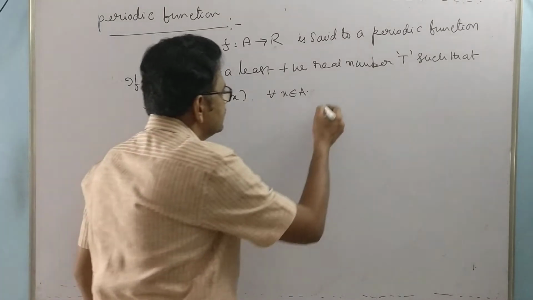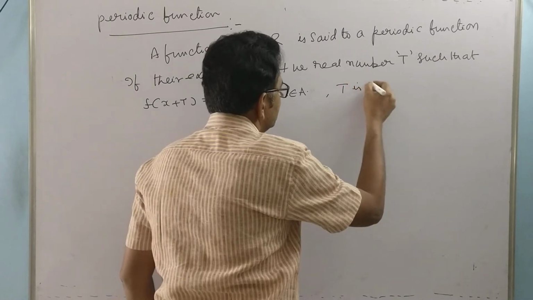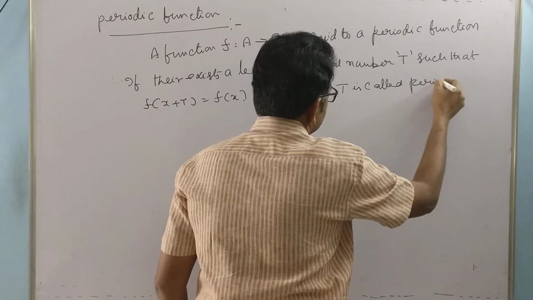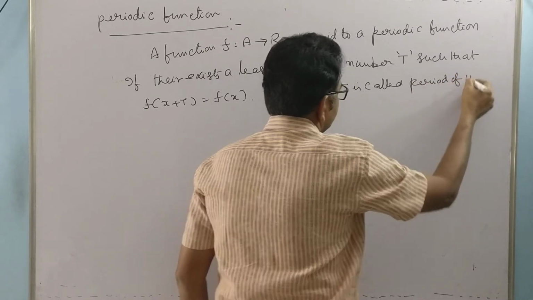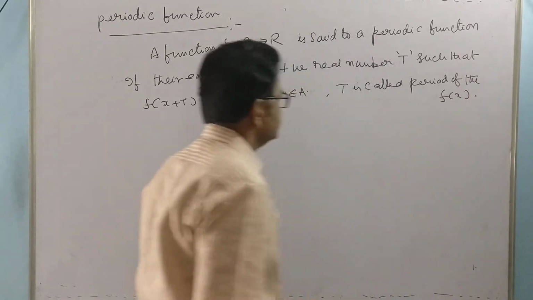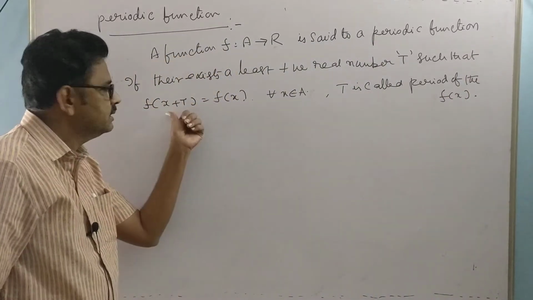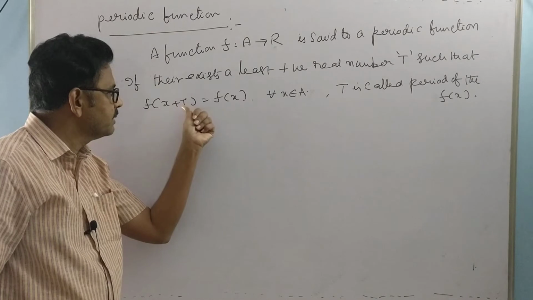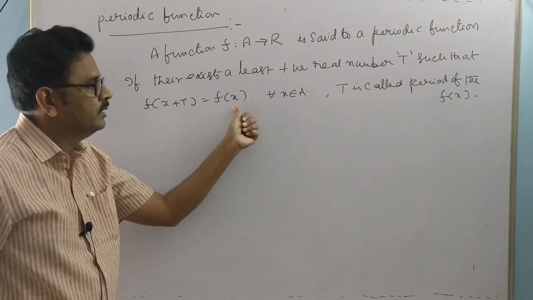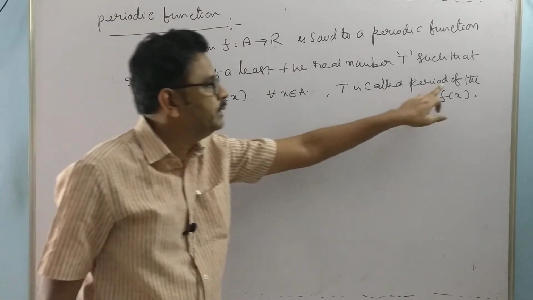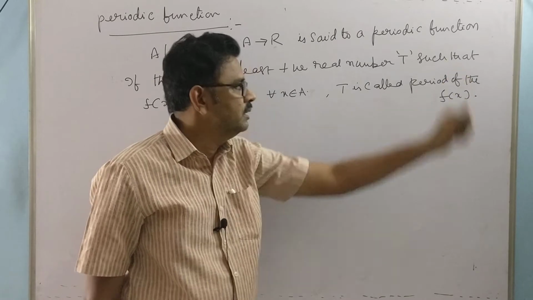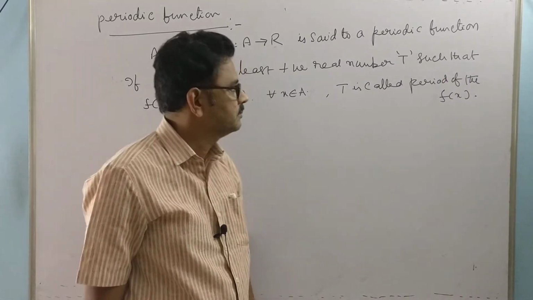Here t is called the period of the function f of x. Then t is called the period of the function, or simply the fundamental period of the function f of x.